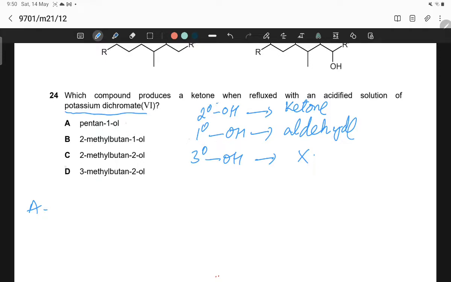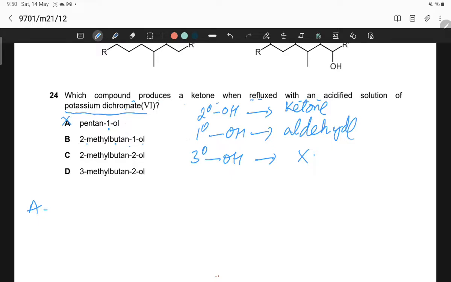It is converted into aldehyde or carboxylic acid when refluxed with an acidified solution of potassium dichromate. So it is oxidized into aldehyde or carboxylic acid because it is primary alcohol. So this is incorrect.